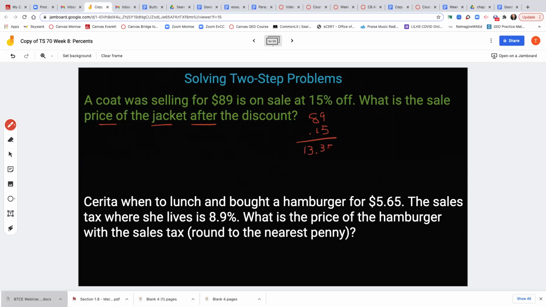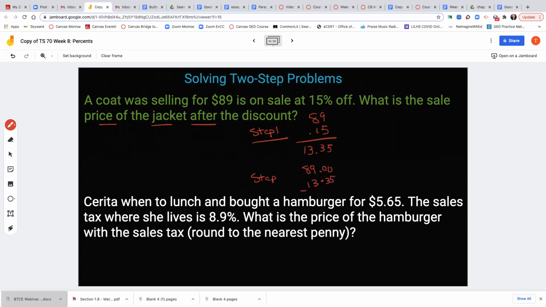All right, now that's 15% off. What is the sale price of the jacket? So now this is why it's two steps, okay? This is step one. We just did that, okay? Step two would be to take my 89.00 minus, got to line up my decimals, 13.35.